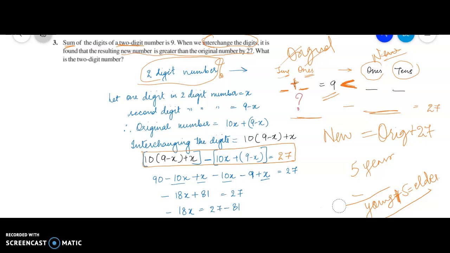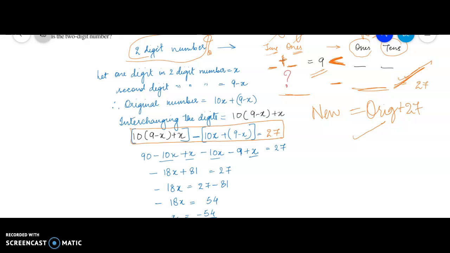So this is what the question is saying. You can take this equation also, or you can take this equation. In solving this, the one you can see on the whiteboard, I have taken this equation, that I'm taking it as a difference.